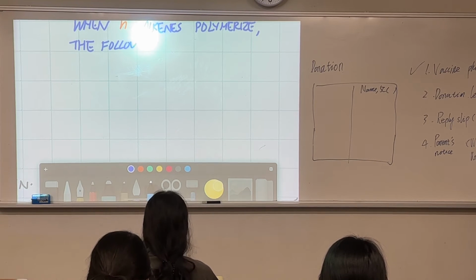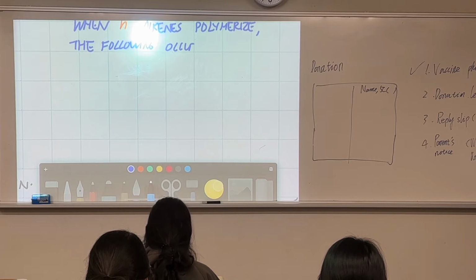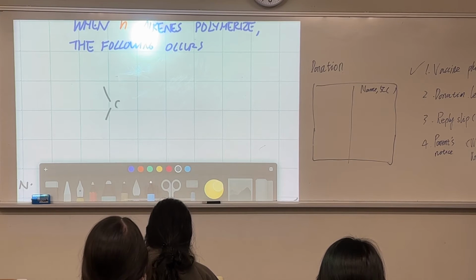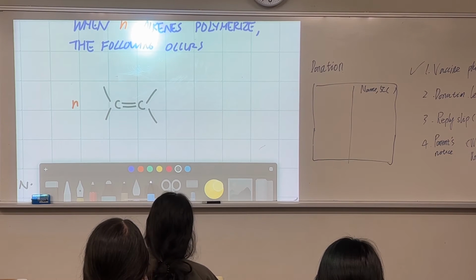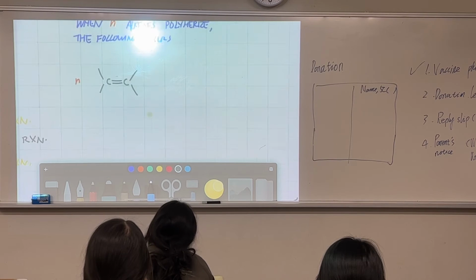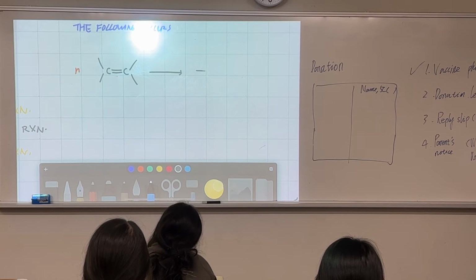So remember the changes. Number one, when you have n of these monomers around, it doesn't matter what these groups are, they will not react in the process. The whole thing will be turned into something that looks like this, a bracket with n on the outside.